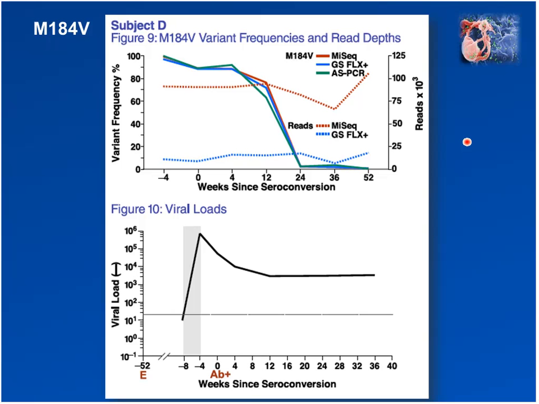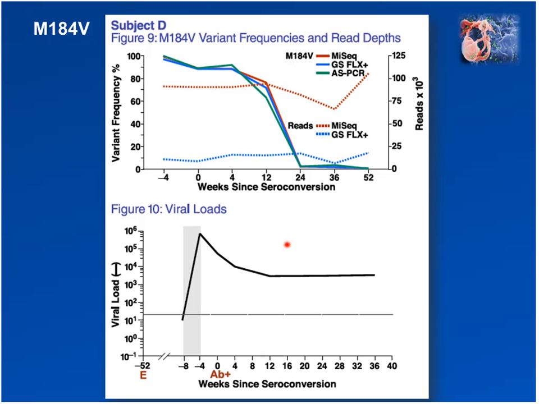The topmost chart contains the variant frequency comparisons, meaning the comparisons of the data from the 2 sequencing platforms, the MiSeq and the GS FLX, the MiSeq in red, the GS FLX in blue. And we also add in allele-specific PCR data that was also collected for these same specimens independently.